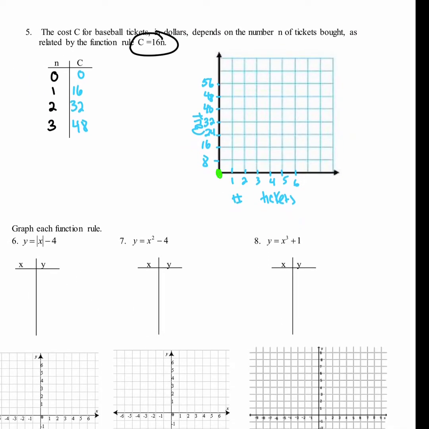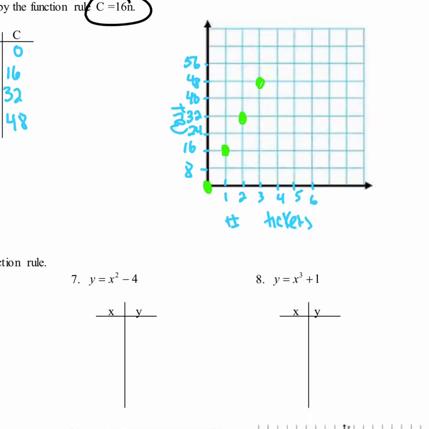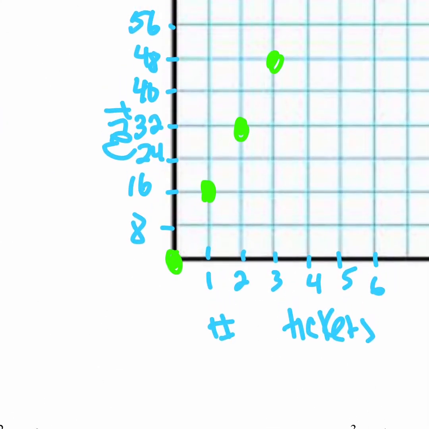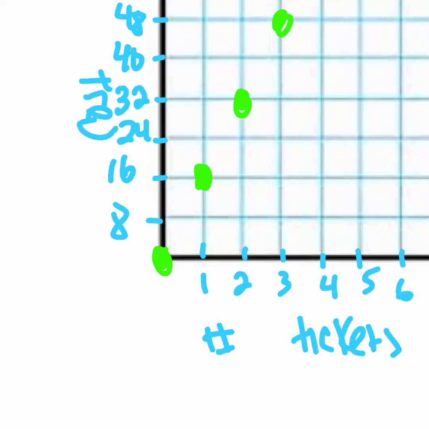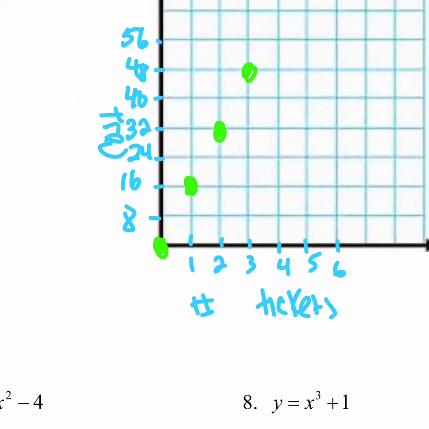And then when I graph, 1 to 16, 2 to 32, 3 to 48. This is where you want to think about it. Does it make sense to connect the dots, the ordered pairs? Is there some amount of tickets that you can buy, like 1.5 tickets?